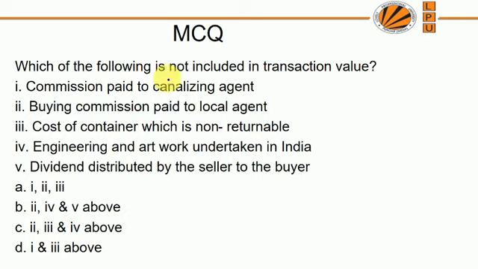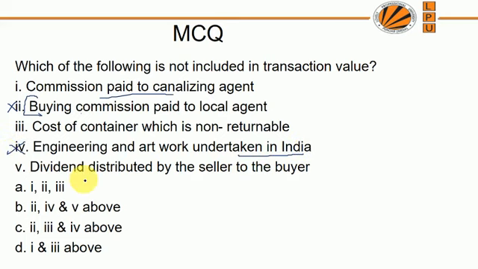Next MCQ, which of the following is not included in the transaction value? 5 options are given: commission paid to canalizing agent, buying commission, it is not added, right? Then cost of container, which is non-refundable, right? Then engineering and artwork undertaken in India. Work taken in India, why it is to be taken?